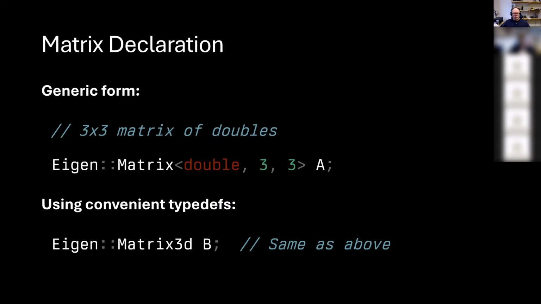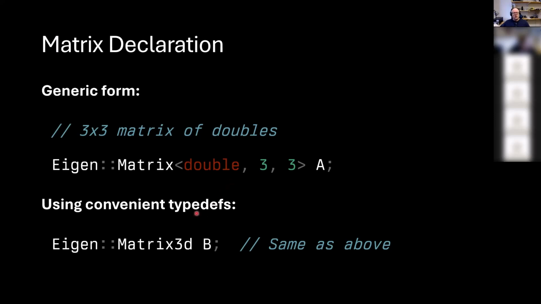And then you have a template declaration, which starts with the data type. Start with the data type here, and then the size of the matrix here. There are some convenient type definitions in Eigen as well that you can use, because this tends to be really long.